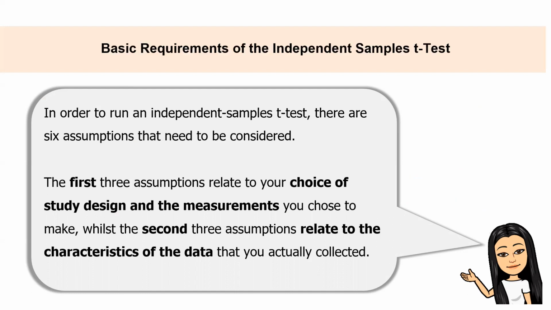In order to run an independent samples t-test, there are 6 assumptions that need to be considered. The first 3 assumptions relate to your choice of study design and the measurements you chose to make, while the second 3 assumptions relate to the characteristics of the data that you actually collected.